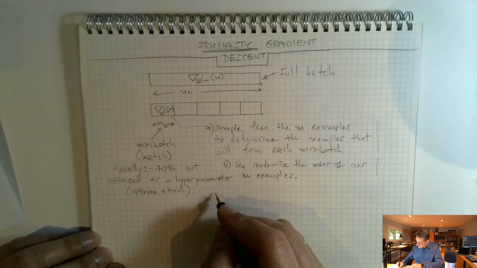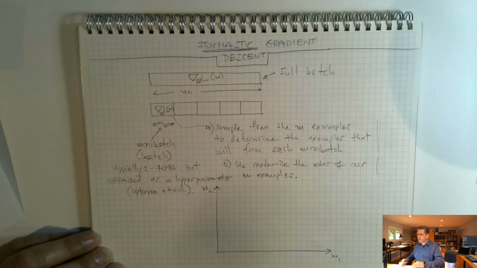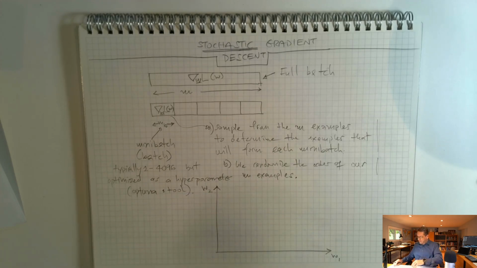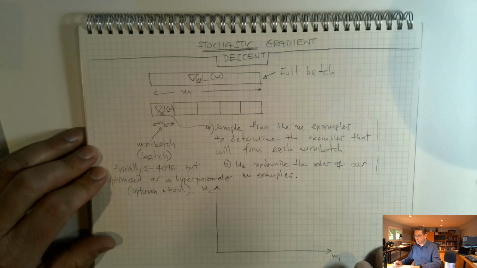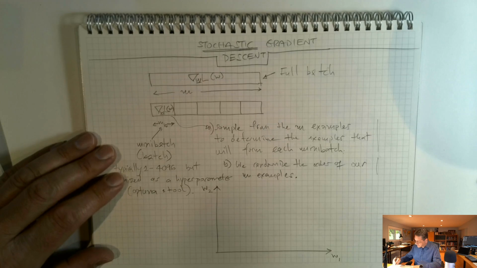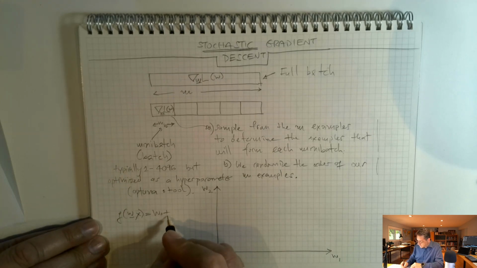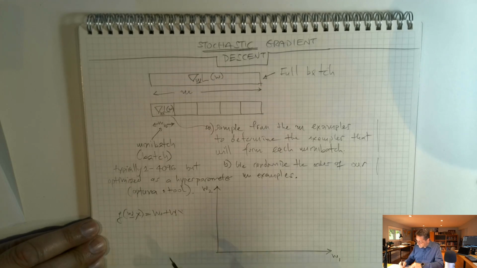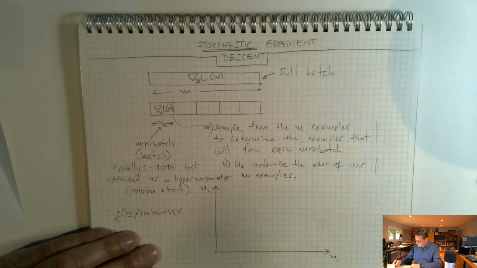Let me just provide a picture that is always useful to visualize what is really going on. We have the earlier hypothesis that we had seen, W0 plus W1x. So for this specific hypothesis, g of W, x, we have two parameters, W0 and W1. So we are searching in a two-dimensional parameter space, which is shown here in this plane.